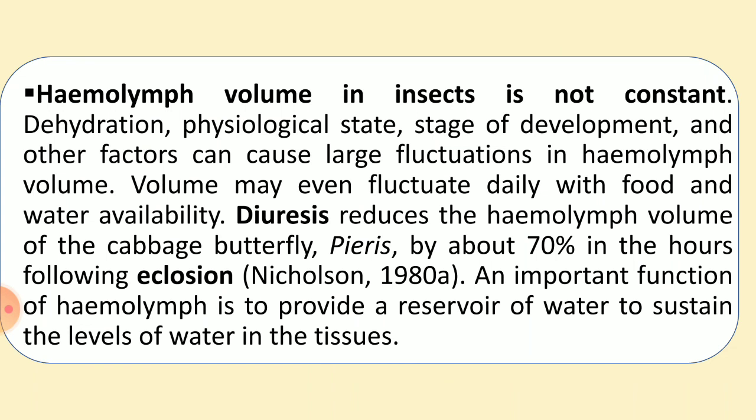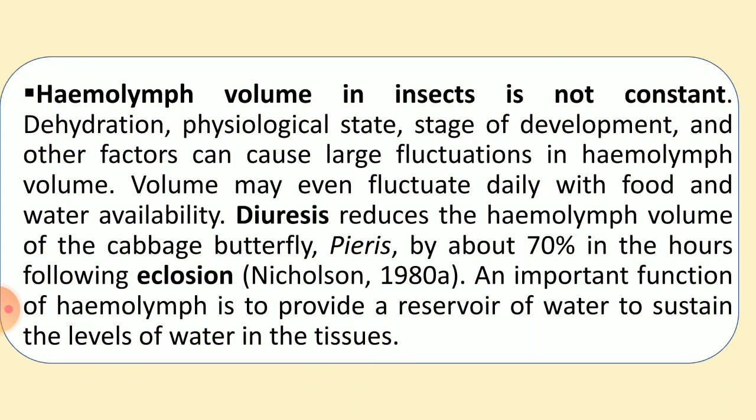Then the next is, hemolymph volume in insect is not constant. Dehydration, physiological stage of development and other factors can cause large fluctuations in hemolymph volume.